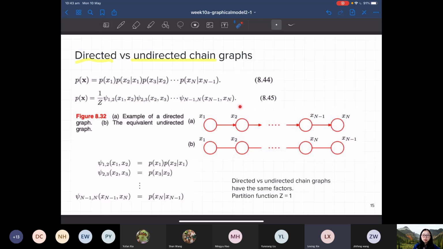Every subsequent potential term is the conditional probability of the node given the node immediately before it, right? So the mapping is one-to-one. Moreover, it's very nice to see that in this case, the partition function Z is not an unwieldy beast, it's just 1. So great.